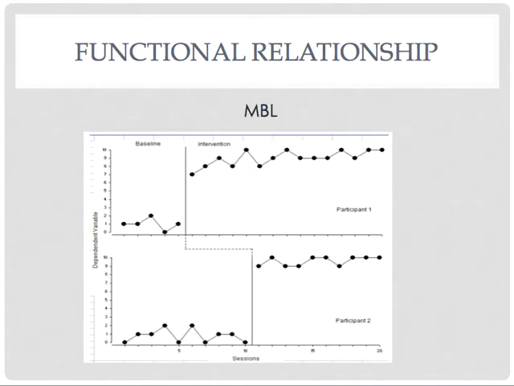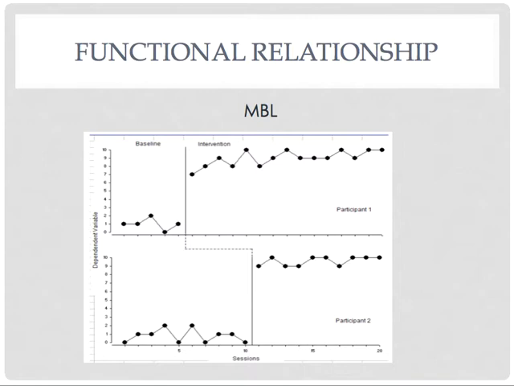Let's look at a multiple baseline design. As you know, in a multiple baseline, and this is a multiple baseline across subjects, two subjects receive baseline at the same time. And once the data is stable, the first participant receives the treatment. And then once we see stable data in the treatment for the first participant, we give the treatment to the second participant.